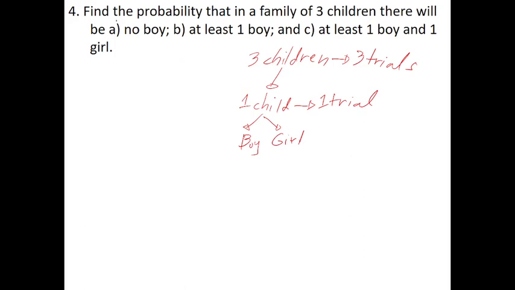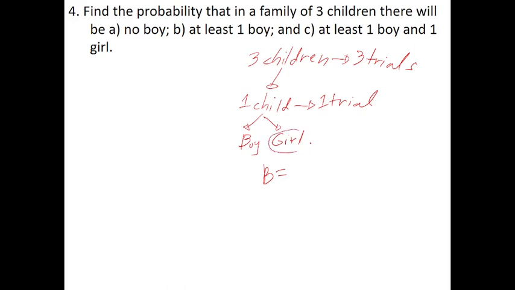Okay. So find the probability that in a family of 3 children, there will be no boy. So child, it's either boy or girl. So this is your random variable now. You can denote that by B, the number of boys.